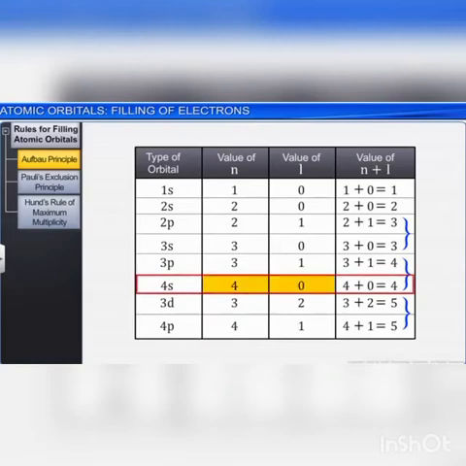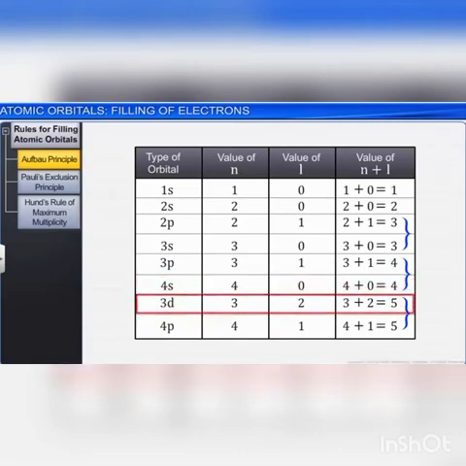Hence, the n plus L value is 4 plus 0 equal to 4. For 3d orbital, the value of n and L are 3 and 2 respectively. Hence, the n plus L value is 3 plus 2 equal to 5. This shows that the 4s orbital will be filled first, as the 4s orbital has lower value of n plus L than the 3d orbital has.